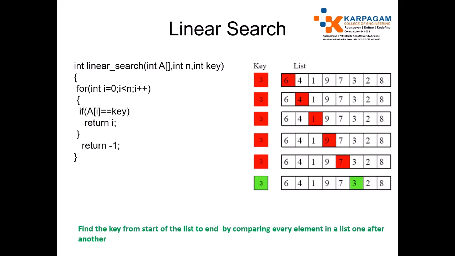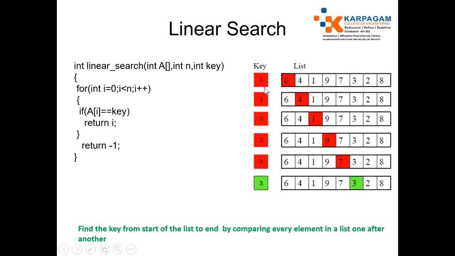The linear search function accepts a list, the starting address of the list, the size of the list, and the element to be searched. We try to find the key from the start of the list to the end by comparing every element in the list one after another. Here I want to find the key 3 in a list of 8 elements.